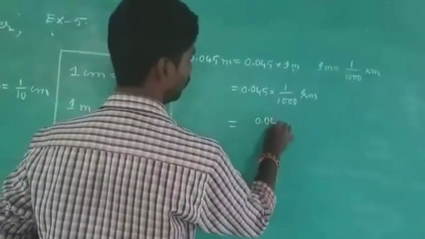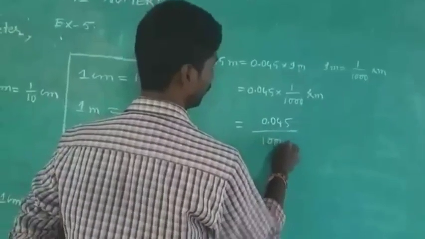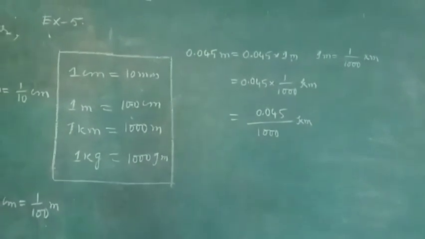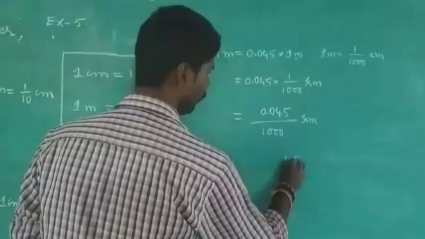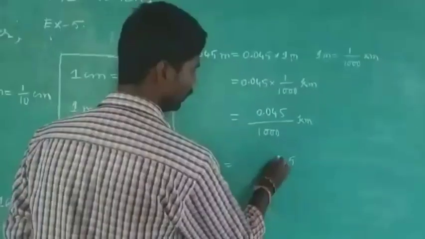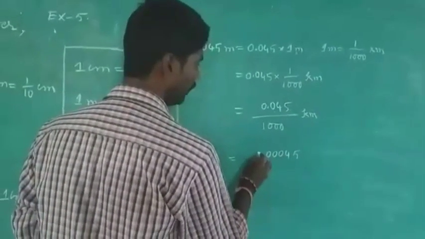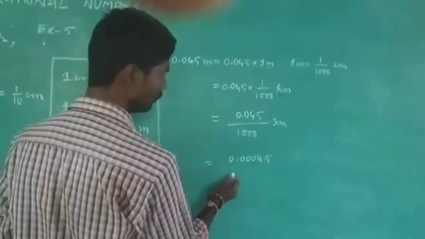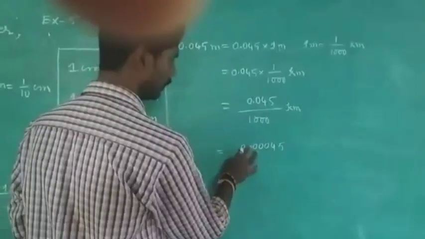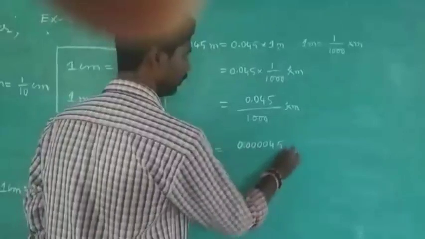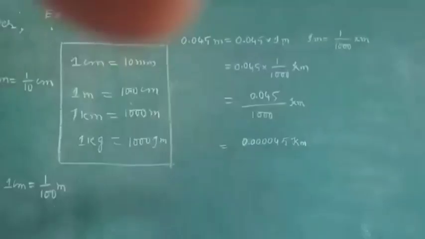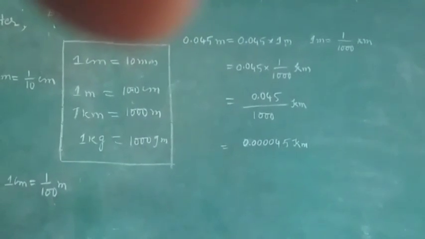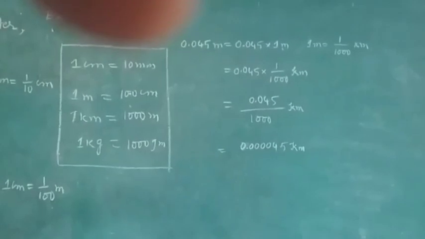So 0.045 by 1000 kilometers, which is 0.000045 kilometers. Concentrate on it clearly.